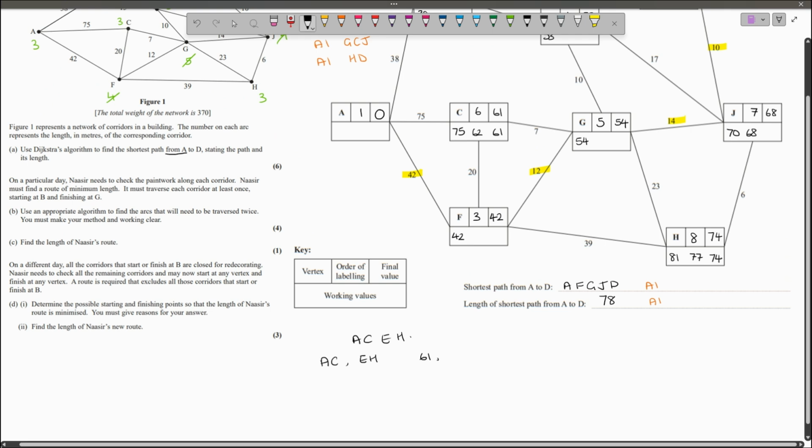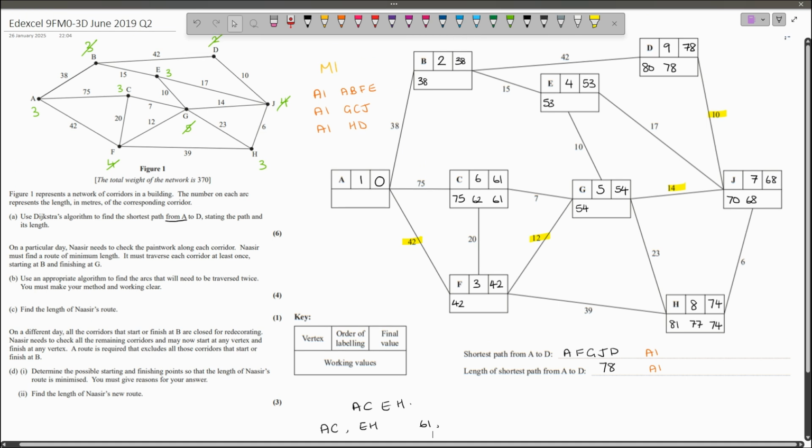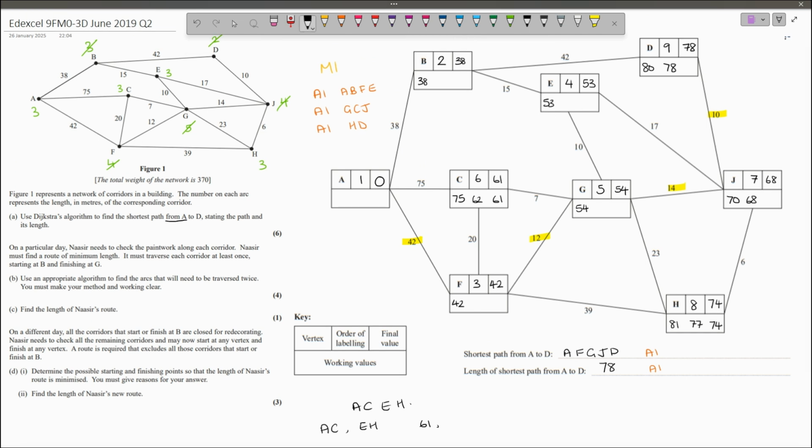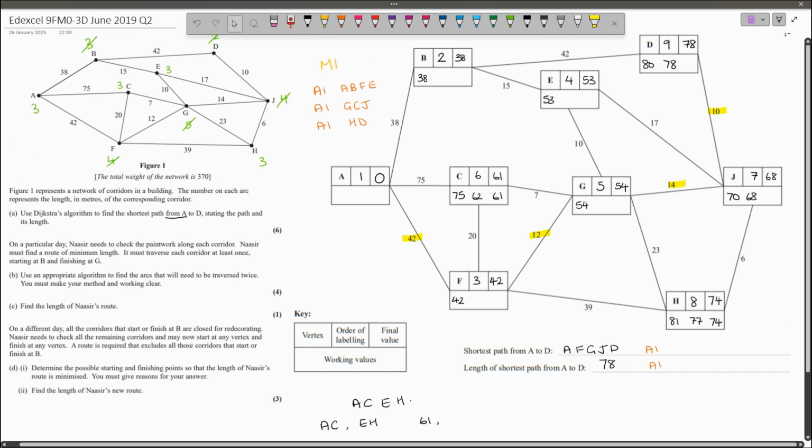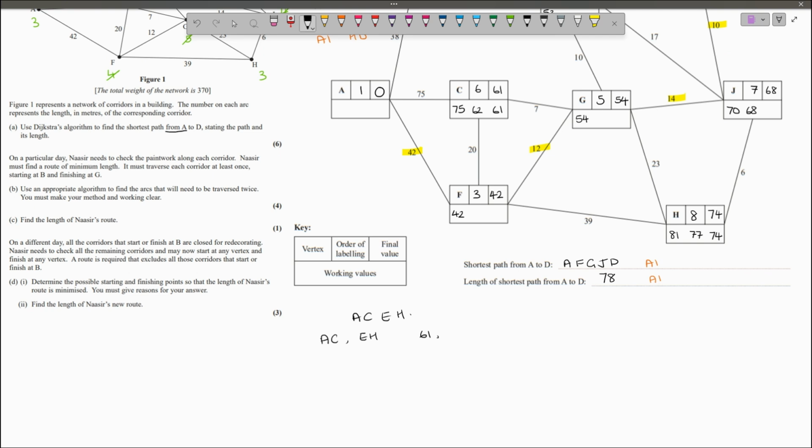The minimum length from E to H is from this vertex up here to this vertex down here. And if we look at the graph, we can either travel 10 plus 23, which is a distance of 33, or we could go a bit shorter and have 17 plus 6. So E to H has a length of 23 via J.